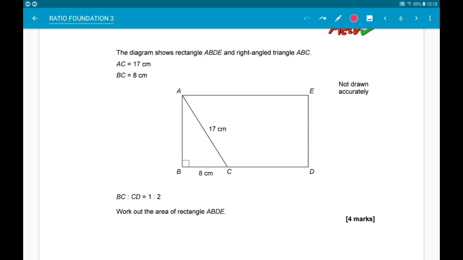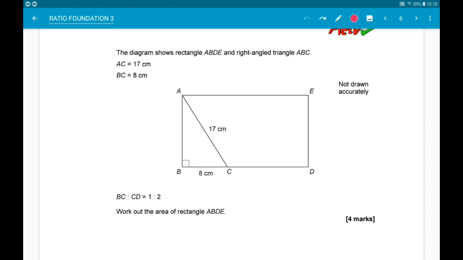Okay, next up, we have a tricky one involving Pythagoras. So the diagram shows rectangle ABDE and a right angled triangle ABC. AC, the hypotenuse of the triangle, is 17 centimetres. BC is 8 centimetres.